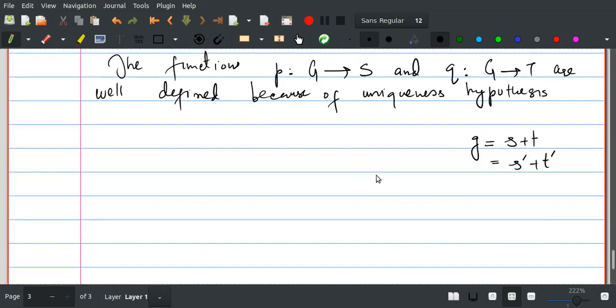In that case, P of g will be s as well as P of g will be s prime.